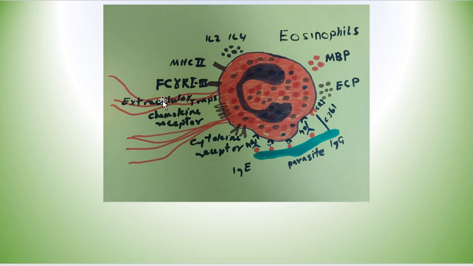And also, eosinophils have the capacity to produce extracellular traps, as can be seen here. These are filaments or fibers, and the eosinophils modify their chromatin. This comes actually from the nucleus. They modify their chromatin, and they produce these fibers and filaments.